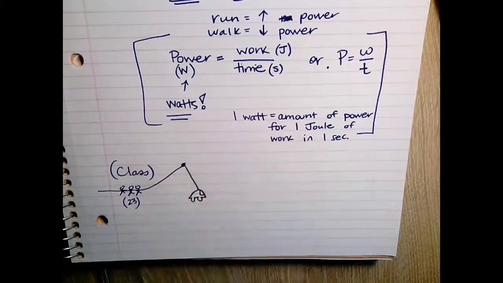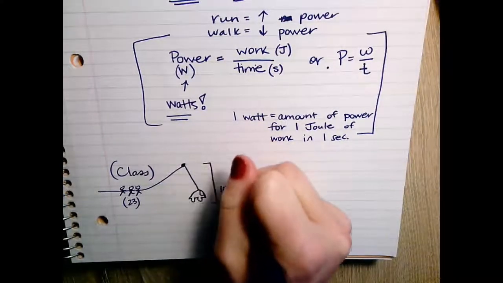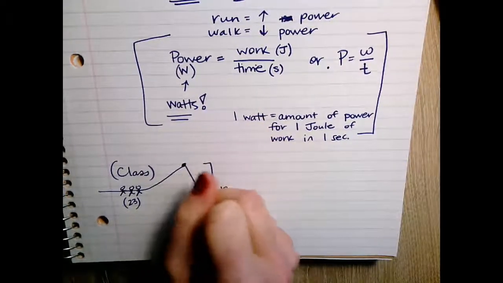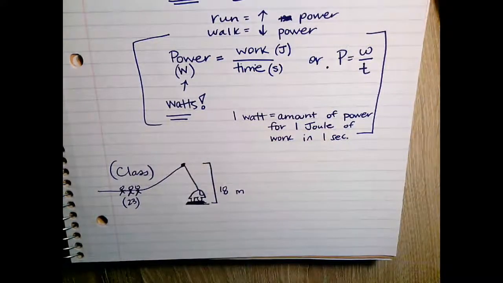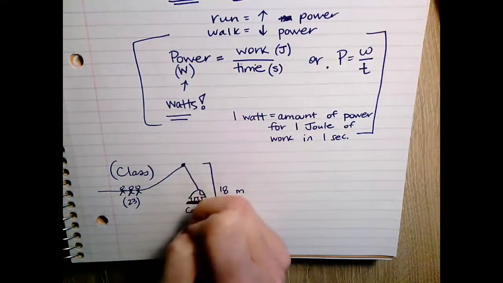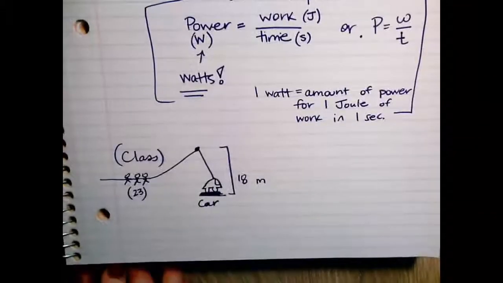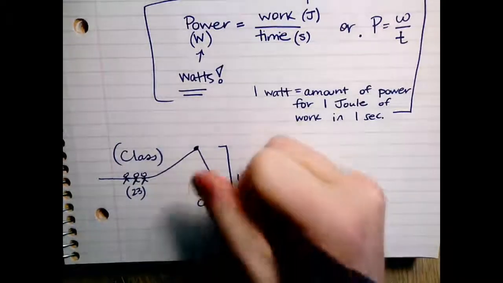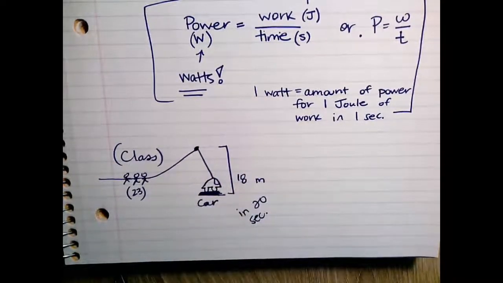Wow, that's maybe the best car I've ever drawn. So the car's on the ground. That doesn't look like it's on the ground, but it's on the ground. And this rope from the ground to the top of the rope is 18 meters above. Now I'm going to label this as a car because I know some of you are judging my drawings, which is totally normal. So let's say we lift it in 20 seconds. So let's find out how many watts of energy we need.